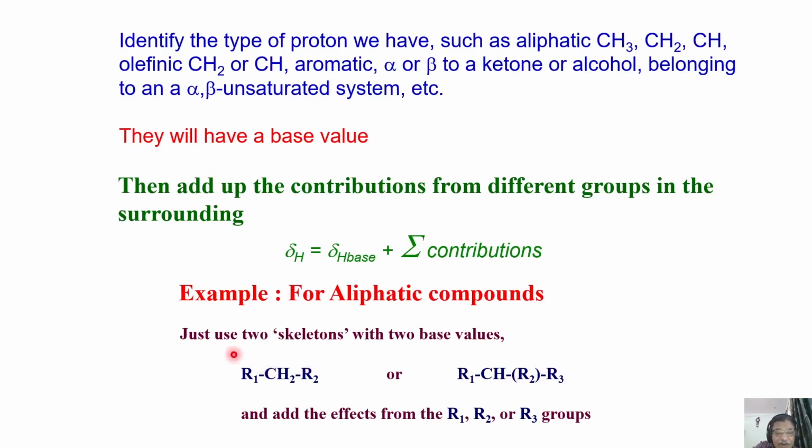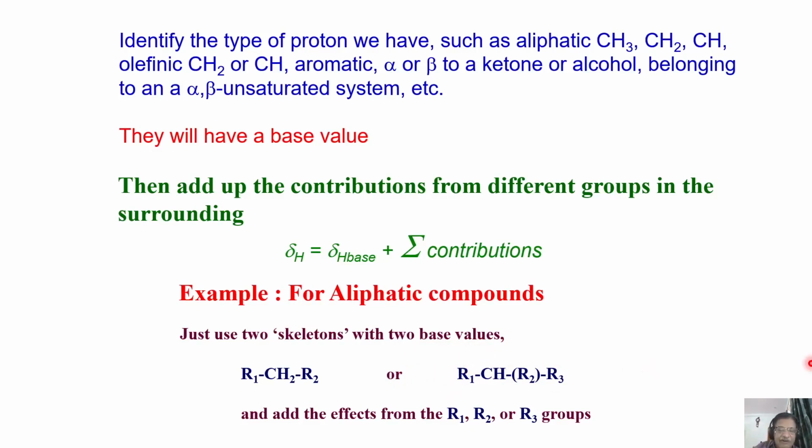CH2 can have an additive effect because of R1 and R2. It need not be additive; it can be subtractive also. Additive means all these factors are taken together, but a contribution could be negative also. Similarly, take a CH proton with R1, R2 and R3; again for this proton all the groups close to it are added, and if something is 25 bonds away, don't worry, because as the number of bonds increases, the effect reduces.